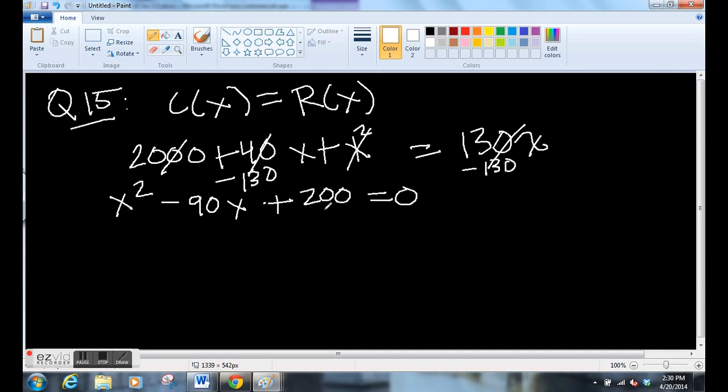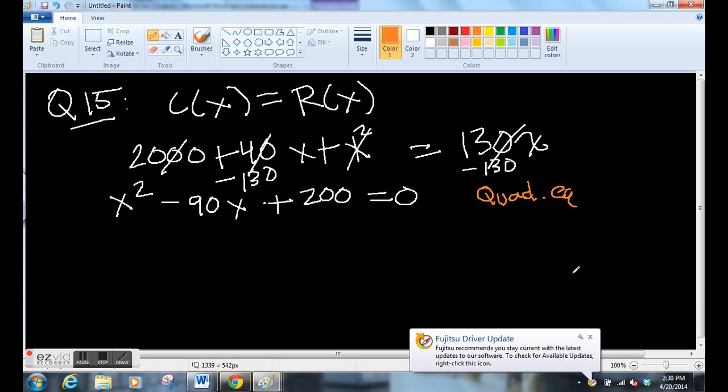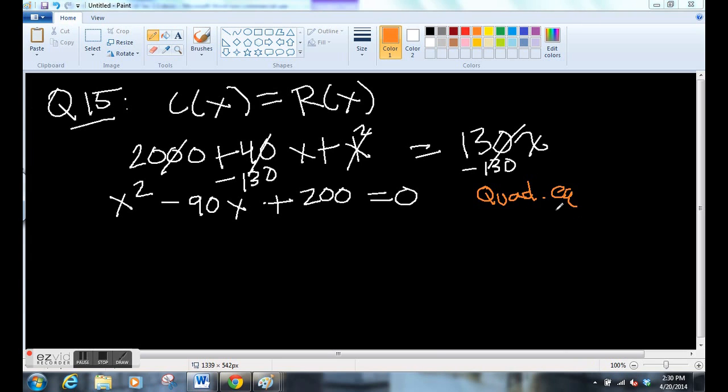To do this problem, we have our different methods. We could use the quadratic equation, x equals negative b plus or minus the square root, or you can just factor, or you can use a graphing solution. In this case, I see the factoring right away. 2,000, you think that could be 20 and 100, but the difference of those is 80.